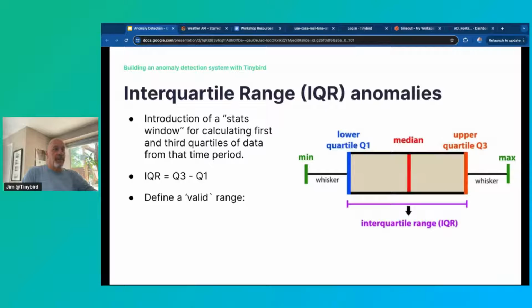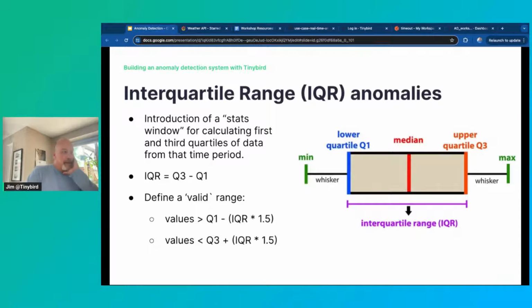But there's also a multiplier that is used, and this is very common. In researching the background of this method, I found that 1.5 is a very common multiplier to use to define the final range. So here we're looking for values larger than Q1 minus the IQR times 1.5, that's considered valid.